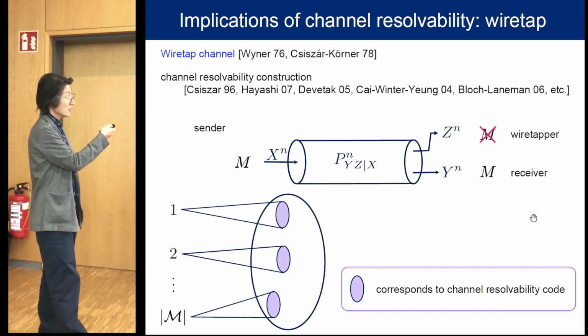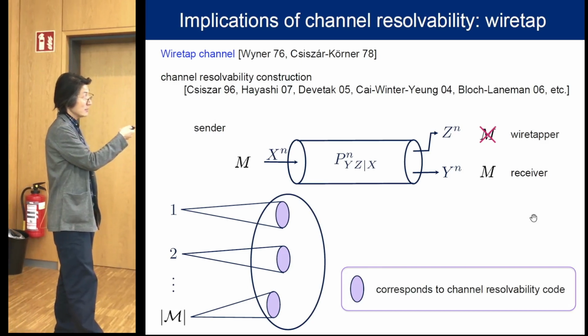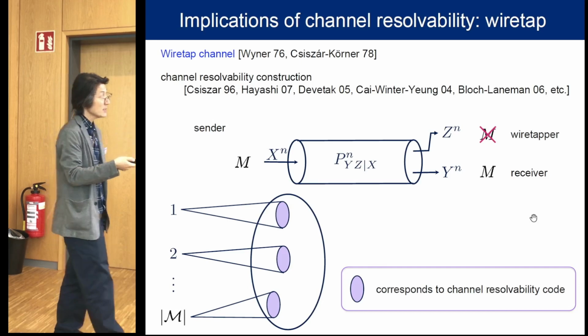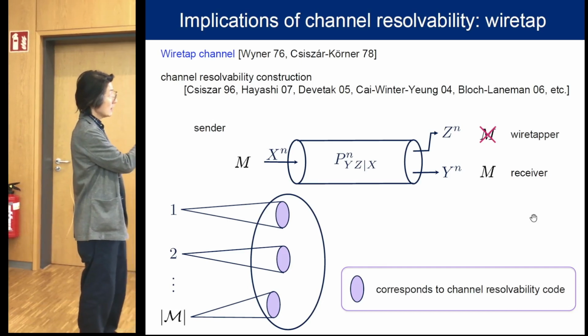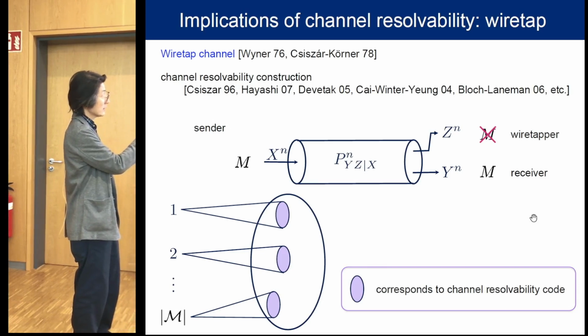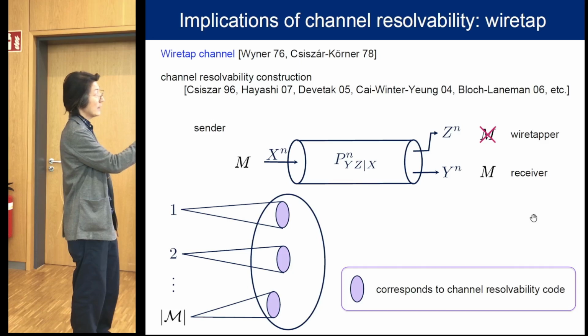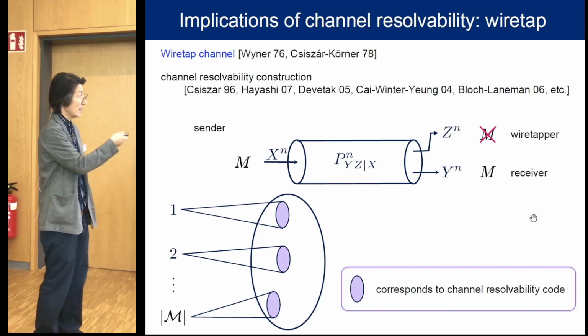And the sender wants to send message through this channel and send this message to the receiver reliably. And also, the sender does not want to leak this message to the wiretapper who observes Zn.